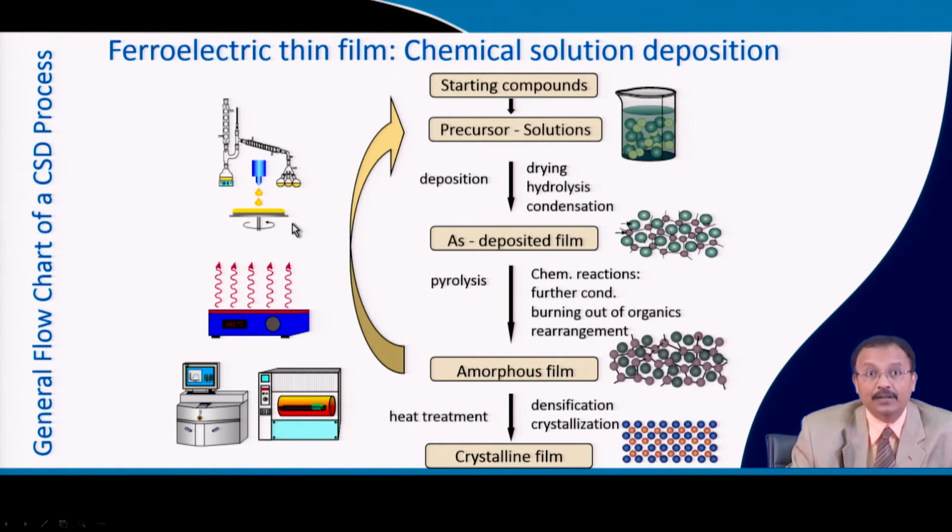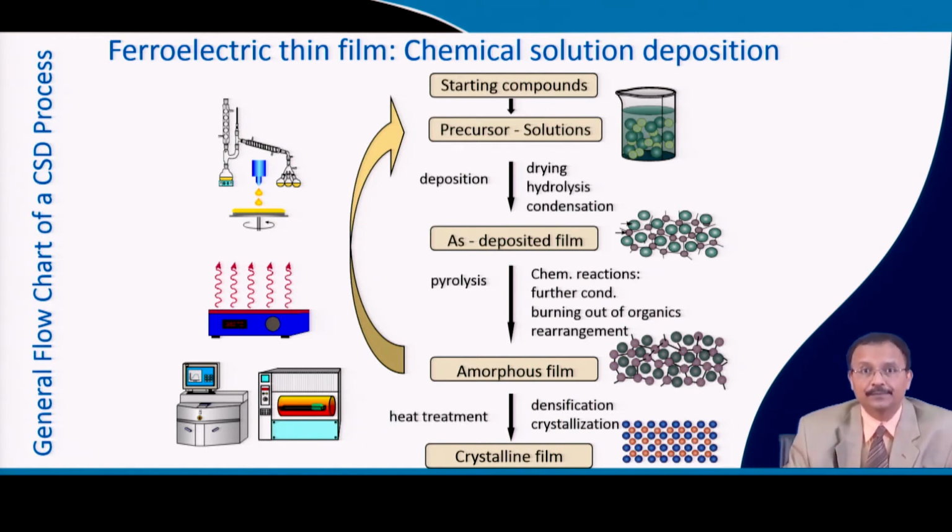So, you need to pyrolyze it, you need to bake it, so that during pyrolysis the organic moieties are burnt out. Carbon should not be there, because these are basically oxides. You know that carbon is a reducing agent. If carbon is there, it can reduce this oxide into a metallic constituent, which will increase the dielectric loss.